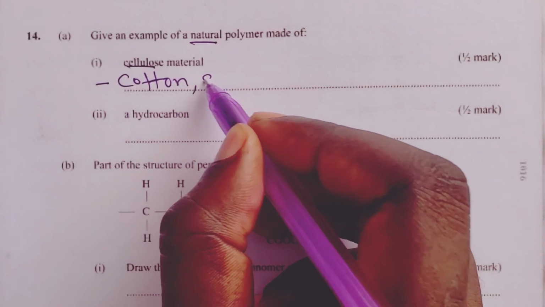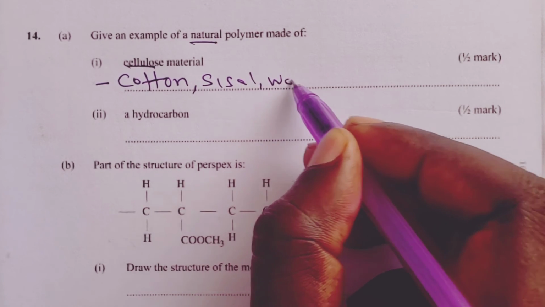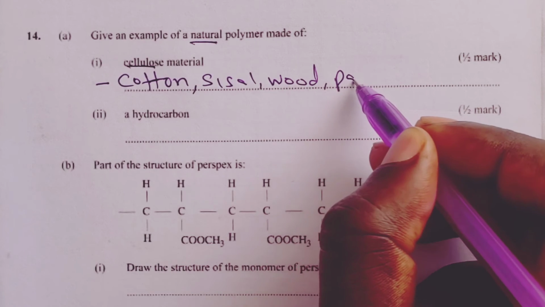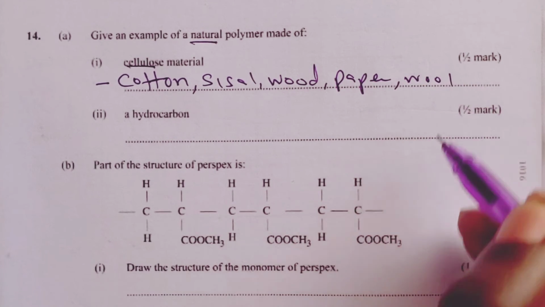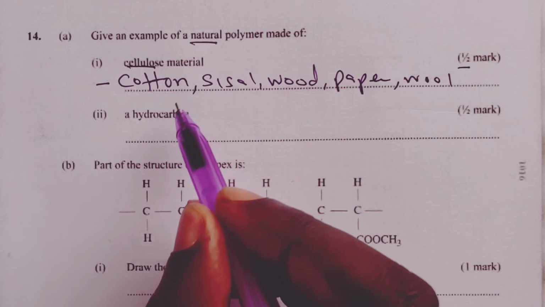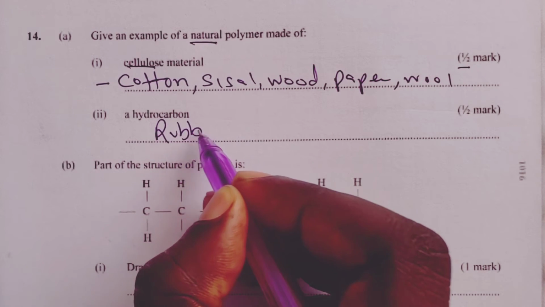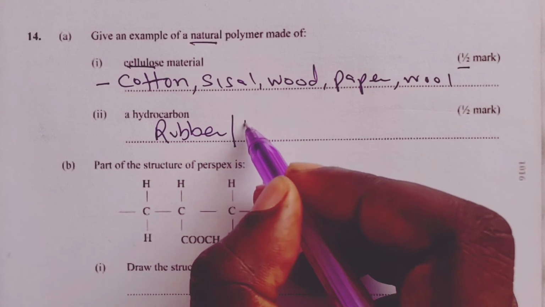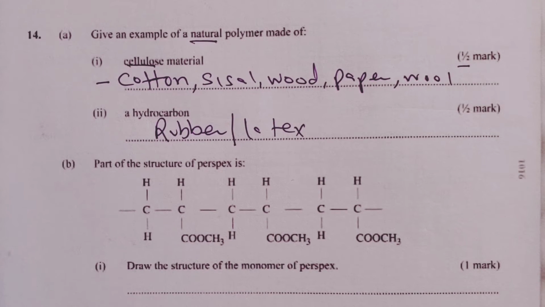We have cotton, there is sisal, there is wood, we have paper, and even wool would give a candidate that half mark. For the natural polymer made of a hydrocarbon, we'd go for rubber, which we can also call latex, for the next half mark.